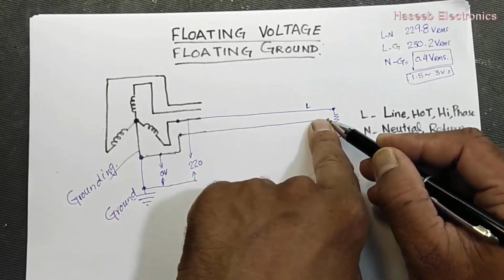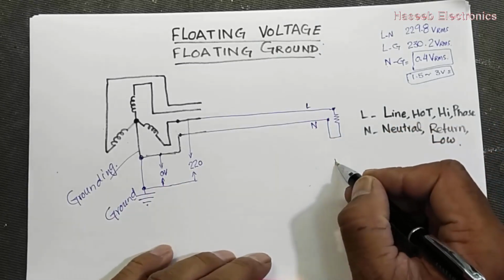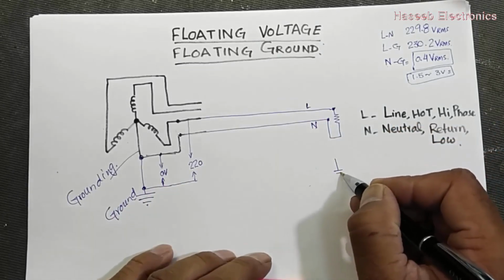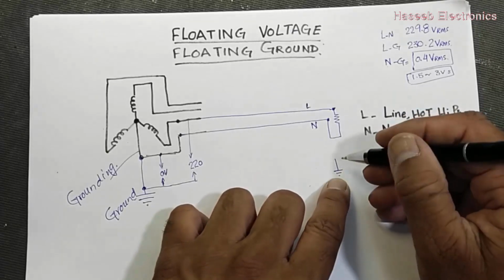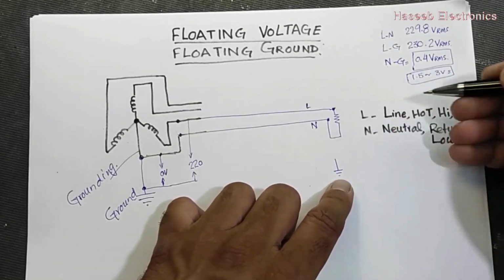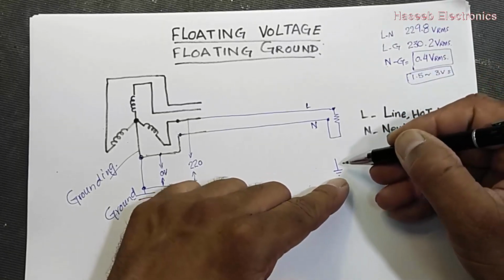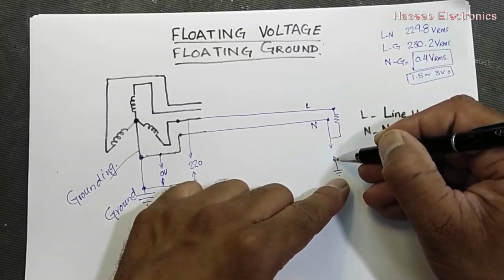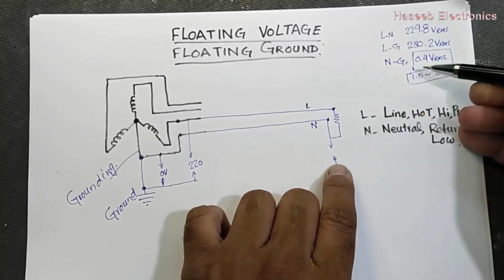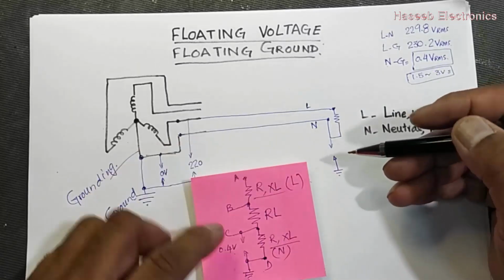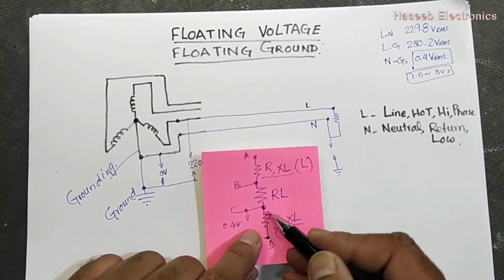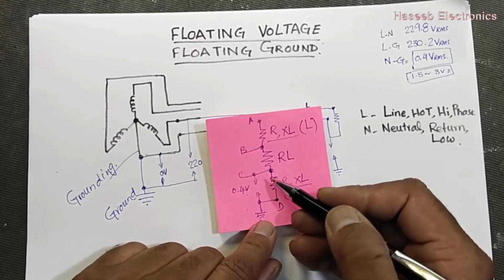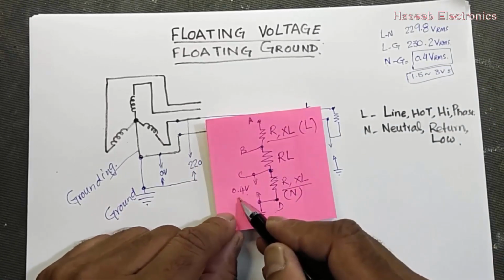But no, if we have a good ground here, as I have in my workshop, a good earth, and we measure voltage from this point to this point that we are discussing in this equivalent circuit, it is 0.4 volt.